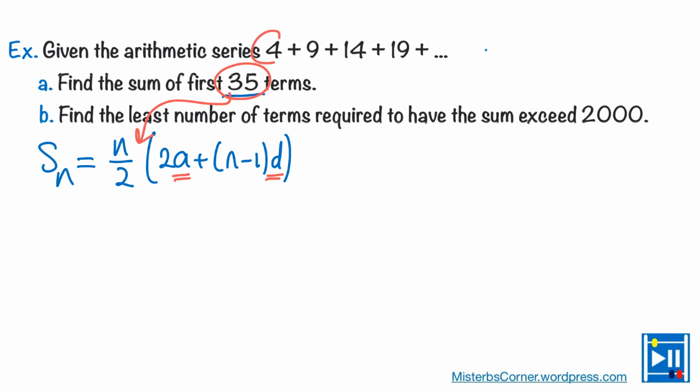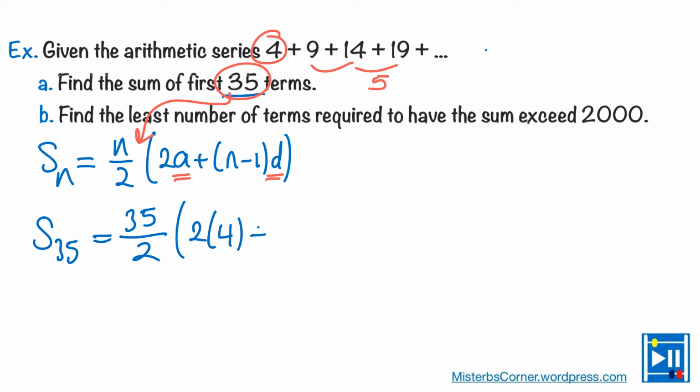So apparently the first term is 4 and the common difference is 5. So let's substitute these numbers into the formula. So it's going to be S_35, right? The sum of the first 35 terms. It's going to be 35 divided by 2 times 2 times 4 plus 35 minus 1 times 5.